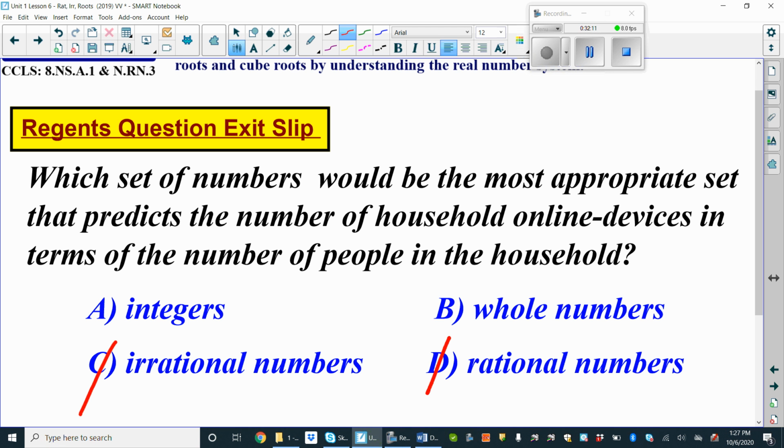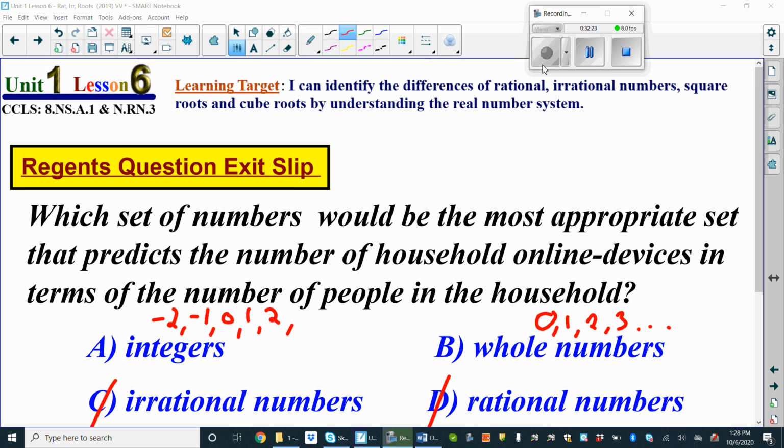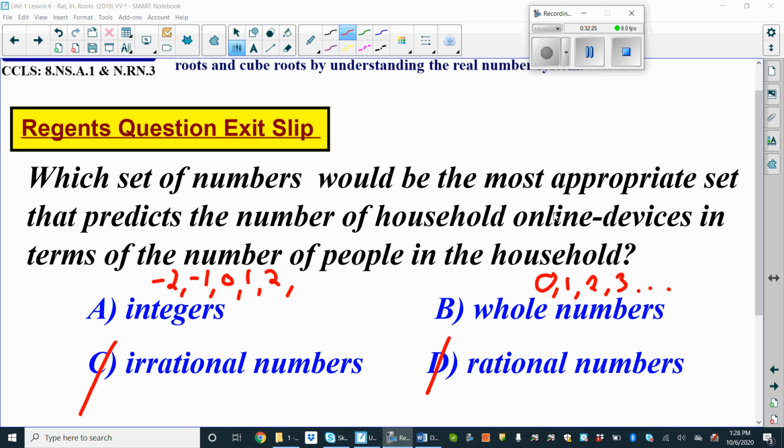Now we're between integers and whole numbers. Now integers include negative numbers. So we have -2, -3, -1. Include 0 and all positive numbers. Okay, so again, our integers have negative numbers, 0, and positive numbers, and the whole numbers are 0, 1, 2, 3, 4.